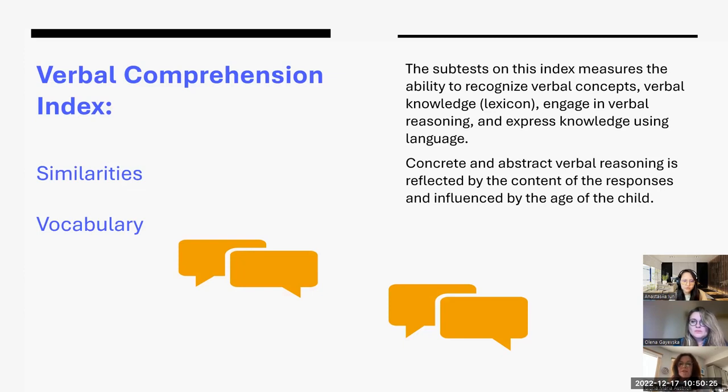So you do have to build on a child's vocabulary across all areas. It could be math vocabulary, social studies vocabulary, vocabulary in the sciences. A child needs to be able to comprehend the words in order to then analyze them and manipulate them. And so building vocabulary is essential.